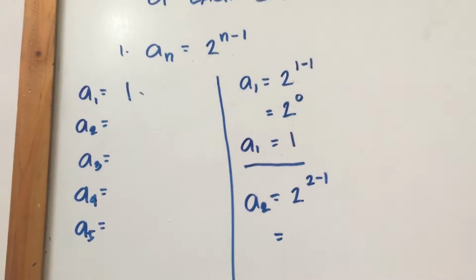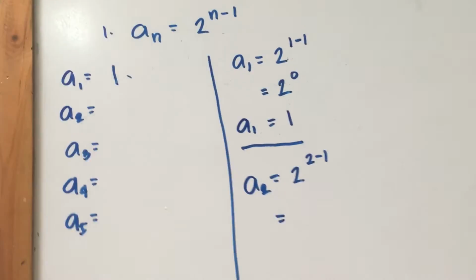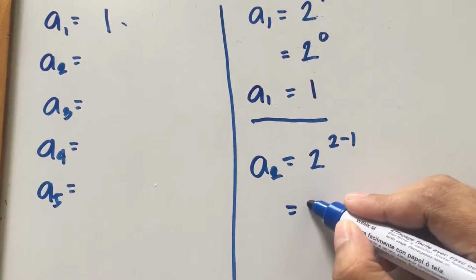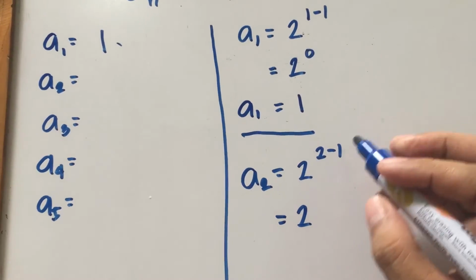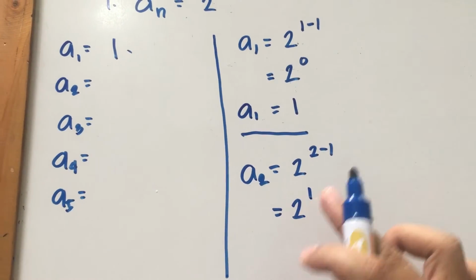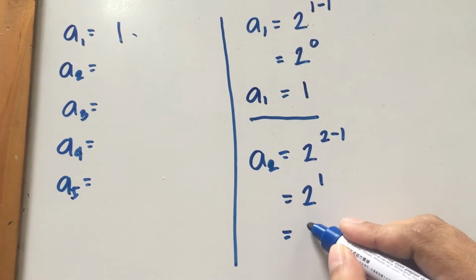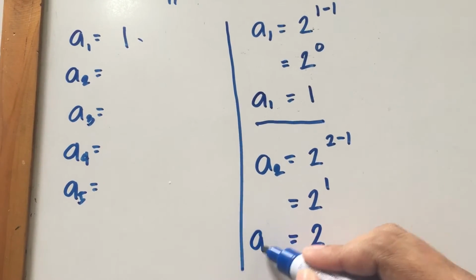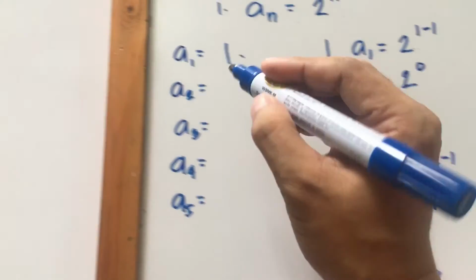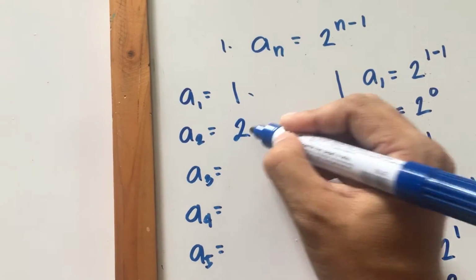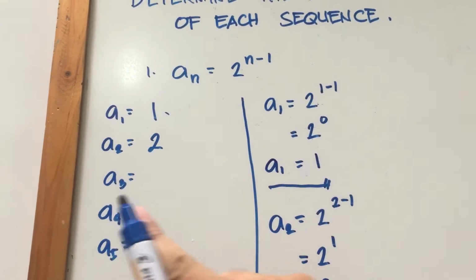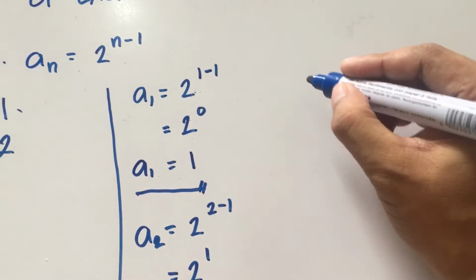Always solve the exponent first according to the PEMDAS rule. 2 minus 1 is equal to 1, so 2 raised to the power of 1 is equal to 2. So your a sub 2 is equal to 2.